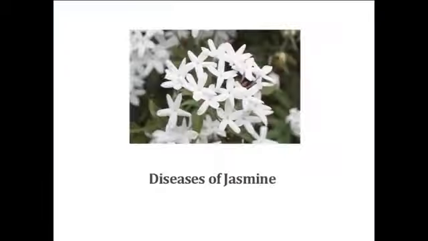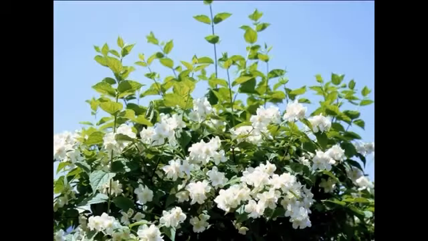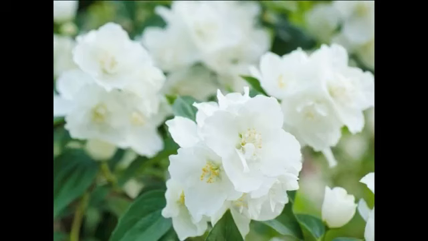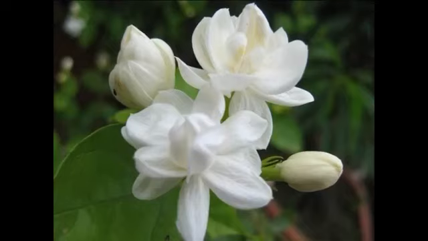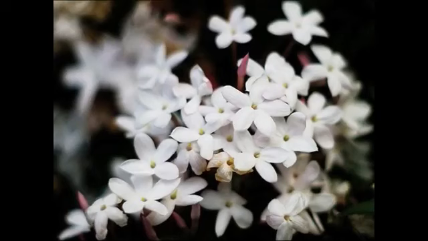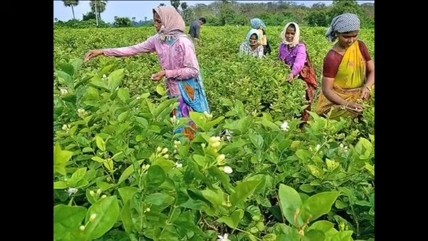This is about the character of the pathogens. Now we have completed the diseases of roses. Next is the diseases of jasmine. Jasmine is a perennial climbing plant with sweet, highly scented flowers. It is native to the Himalayas and is considered sacred throughout the region, especially in India.